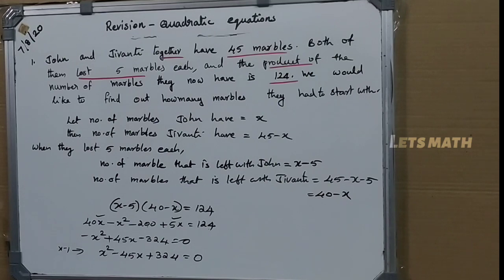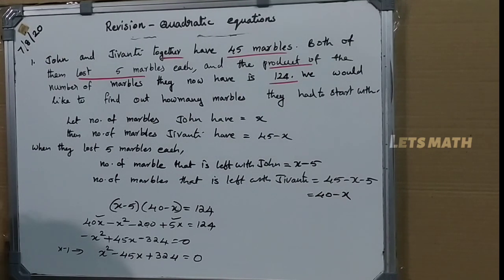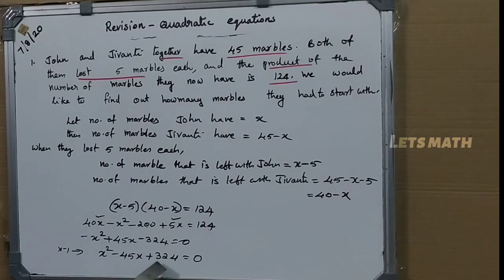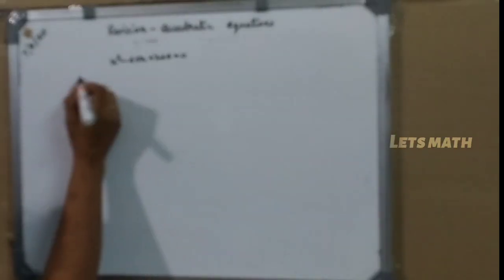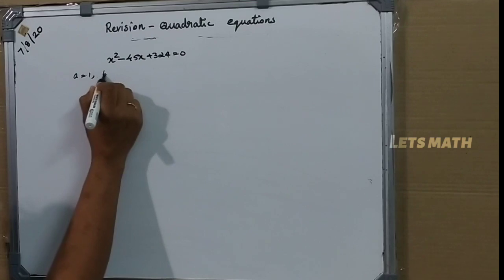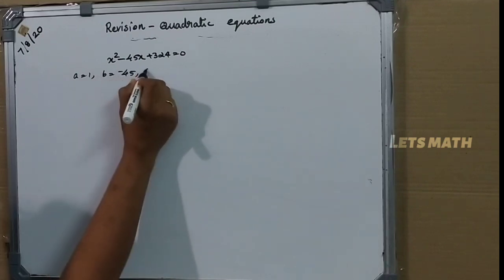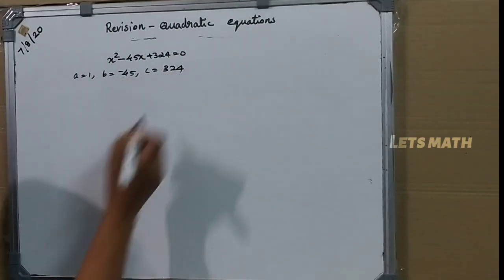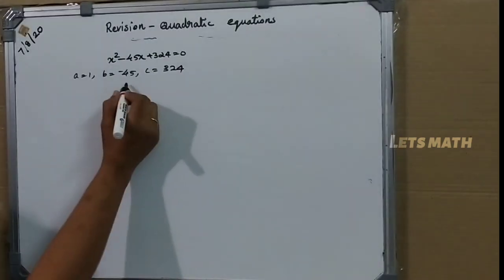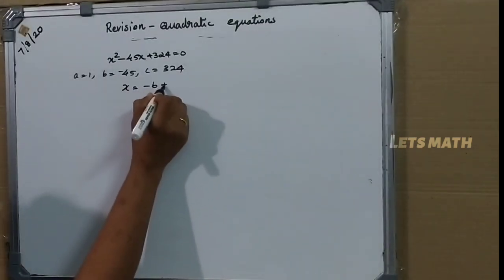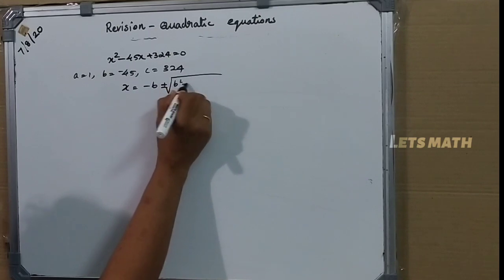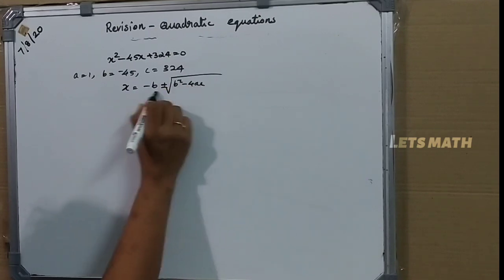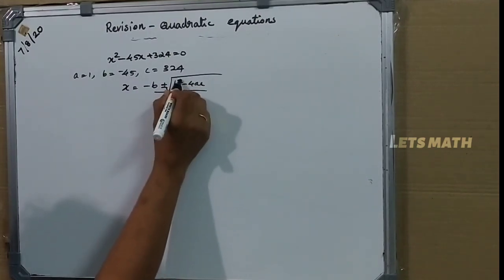Now here we can apply the quadratic formula to solve the equation, or you can factorize by splitting the middle term by factorizing 324. Let me apply the quadratic formula. So we have a equal to 1, b equal to negative 45 and c equal to 324. So x equals negative b plus or minus root of b square minus 4ac, by 2a.